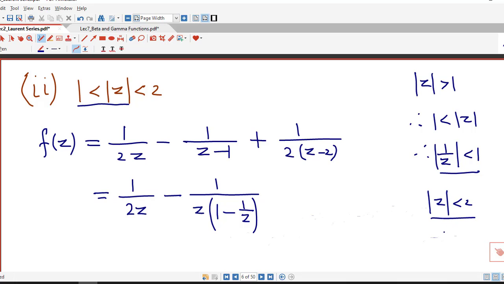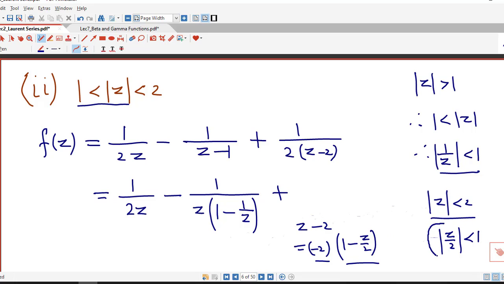So if we consider these two on left hand side, absolute value of z by 2 will be less than 1. So here we can use, first we consider this minus 2 common. Suppose we write this as minus 2, then this is going to be 1 minus z by 2. So we will write z minus 2 as minus 2 times 1 minus z by 2, and absolute value of z by 2 is less than 1, so that will work here.